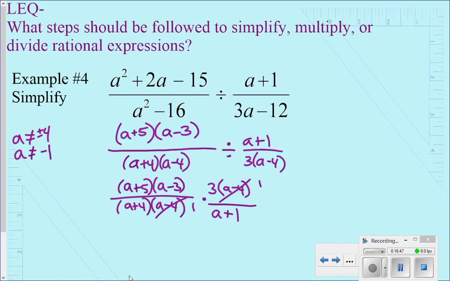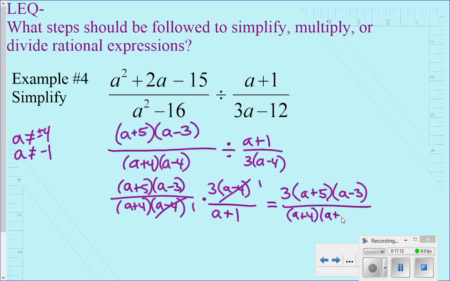So now we're ready to multiply straight across. When you have more than one binomial, you do not have to multiply it out. It's fine for you to leave your answer in factored form. So I'm just going to put the 3 in the front, and I'm going to leave the two binomials in factored form, not multiplied out. And in the denominator, a plus 4 and a plus 1.